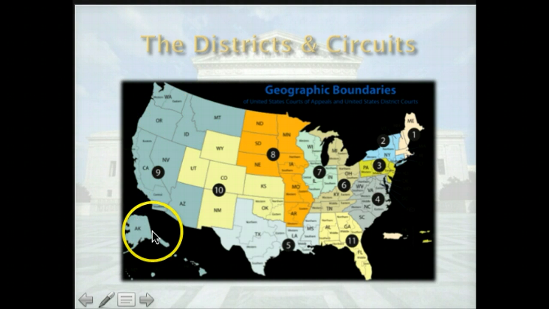So the Ninth Circuit, for example, would be everything from Montana to Washington to Alaska, Arizona, California. Our circuit is the Fourth Circuit. That's everything from South Carolina, North Carolina, Virginia, Washington, Maryland. No, I think Delaware is in the third. Okay, so let's make that a little bit more clear.